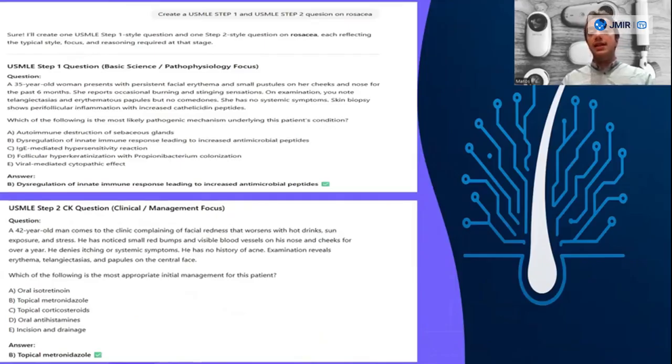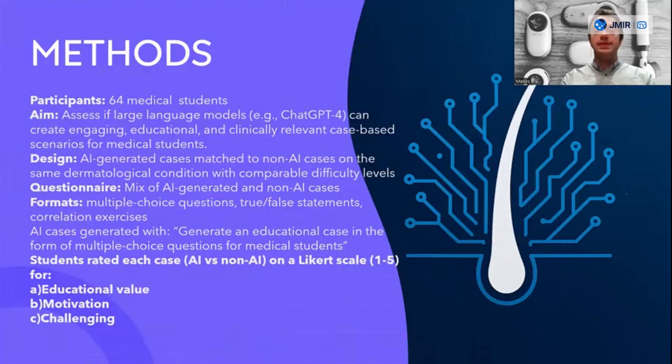For example, herein we can see that it creates a USMLE step 1 versus a USMLE step 2 question, and the USMLE step 1 can usually test for pathophysiology, biochemistry, pharmacology, and molecular mediators, in case of rosacea in this case, while the second exercise, the USMLE step 2 exercise, tests the clinical skills, the recognition of diseases, the choice of the best diagnostic tool, as well as the best treatment approach, here being topical metronidazole as the first-line treatment for rosacea, and avoidance of topical corticosteroids that can worsen the disease.